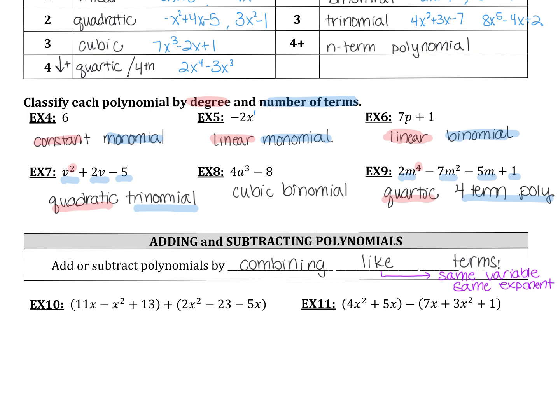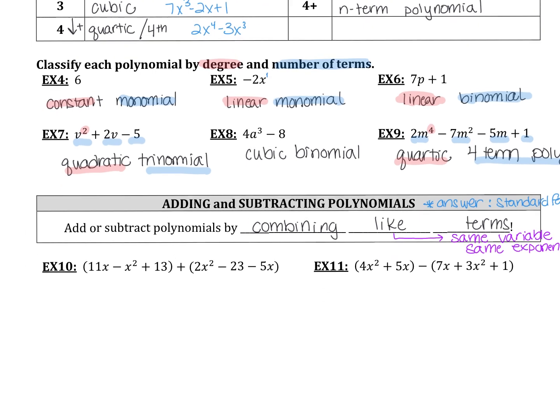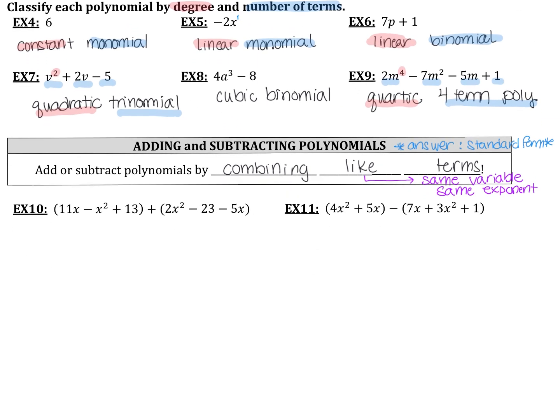We have done like terms so many times. Now, the one thing that's going to be different now from before is we're going to want our answer in standard form. That's going to be the difference between what we've done before and what we're doing now.